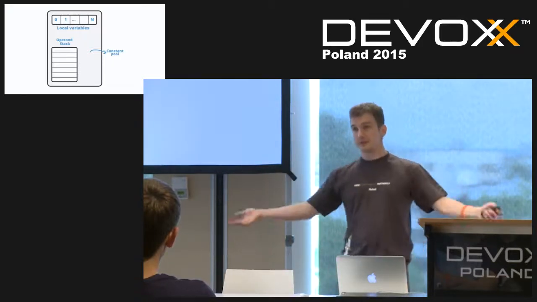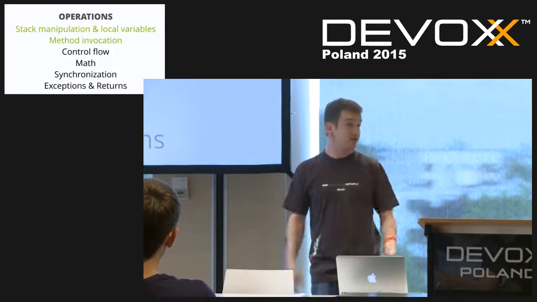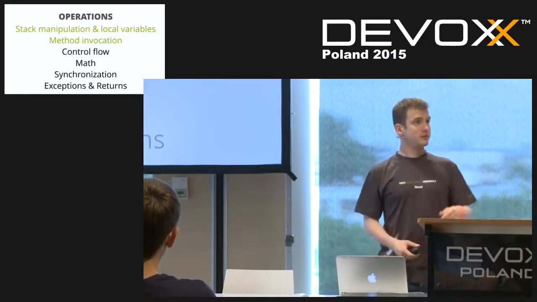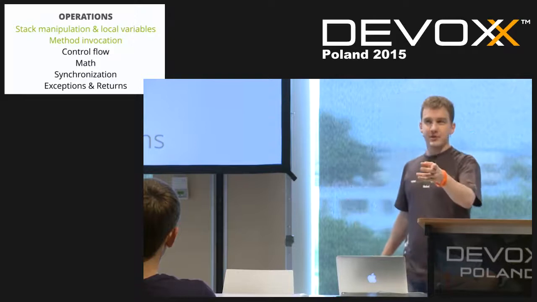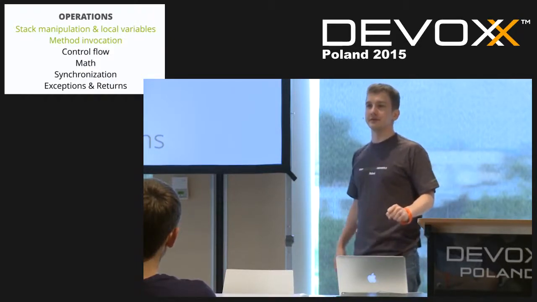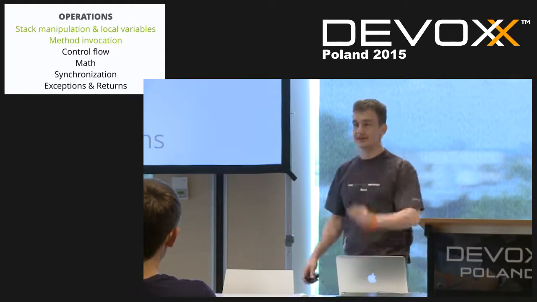So it's a bytecode, right? Every operation is represented by a single byte instruction, which means how many instructions are possible if they're represented as a byte? Exactly, 256.